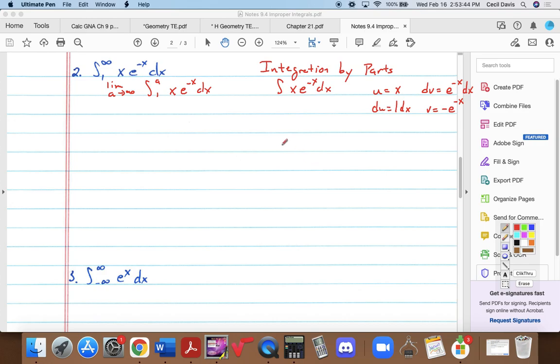So we're going to have u times v, which is negative x e to the negative x, minus the integral of v du, which is negative e to the negative x times dx. The two negatives multiply together to be a positive, and we'll take the antiderivative of e to the negative x again. That'll be negative e to the negative x plus c.